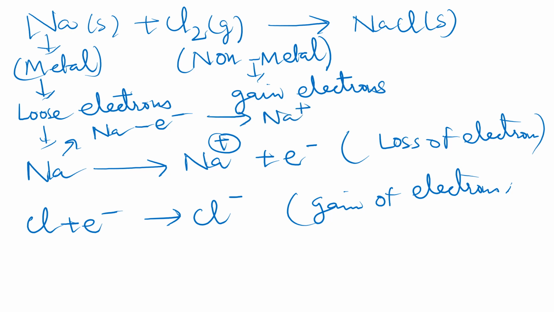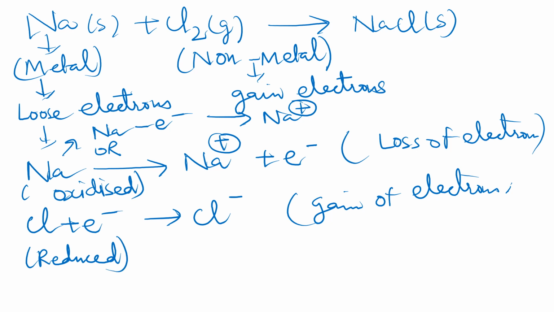In some books it is given like this, so you can write it this way or this way. As sodium is a reactant which is losing electron, sodium is oxidized. Whereas chlorine has gained one electron, so it is reduced.